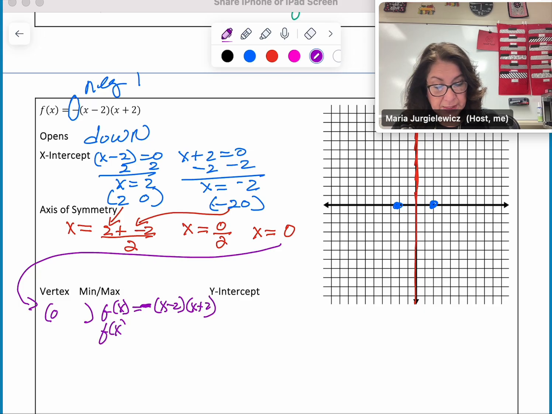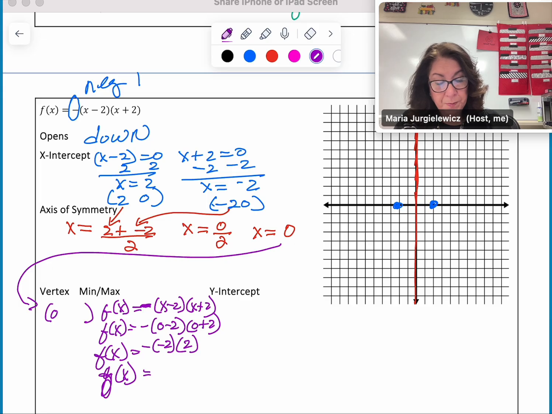So f of x is equal to negative 0 minus 2, 0 plus 2. F of x, negative, 0 minus 2 is negative 2. 0 plus 2 is 2. Oops, I always have a habit of putting y. There's that negative still outside. Negative 2 times 2 is a negative 4.